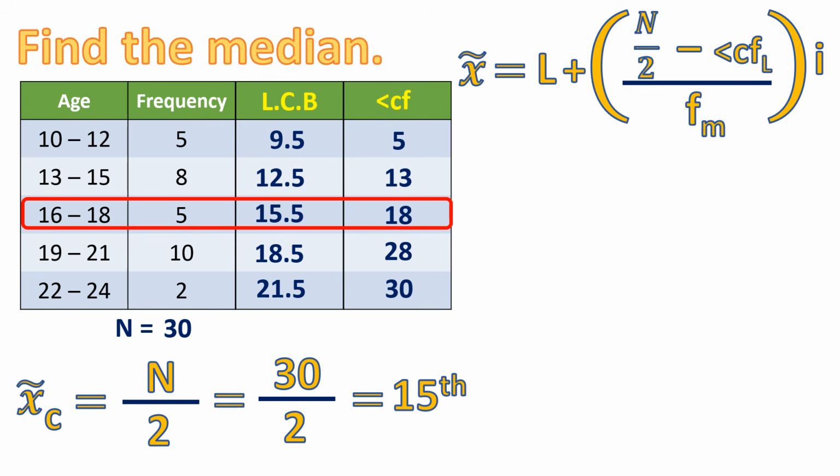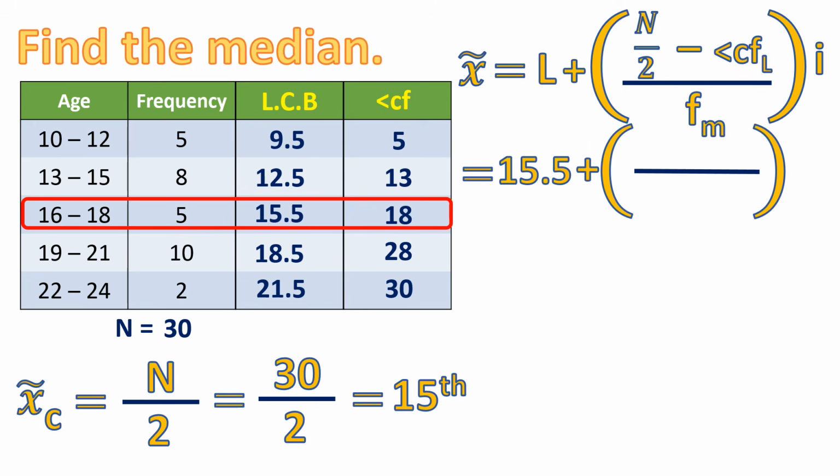So let's continue. Substitute. The lower class boundary is 15.5 plus, so let's put those symbols, parentheses, and the vinculum, and then we'll move to n over 2. So n over 2 is actually the median class, where we have that, which is 15. 15, but we will not include the th because we just need the value. 15 minus, now it's the lower less than CF.